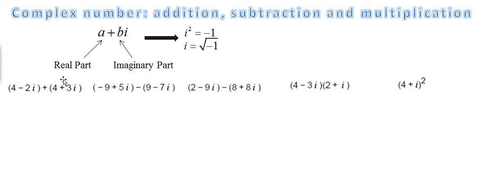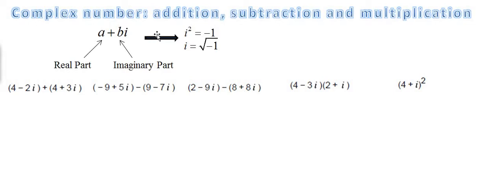Today I'm gonna talk about the operation of complex numbers, including addition, subtraction, and multiplication. First of all, let's recall the definition of a complex number. A complex number is defined as a plus bi, where a is the real part and b is the imaginary part.